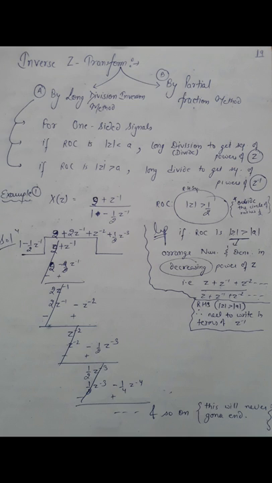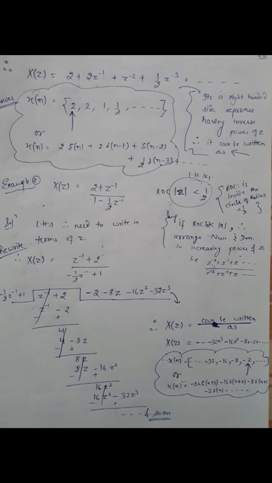So see the upper part: 2 plus 2 Z inverse plus Z minus 2 plus 1 by 2 Z minus 3 and so on. Now X(z) is written in that particular form, so we have to find the inverse Z transform. Look at X(z): it is completely in Z raised to negative powers.